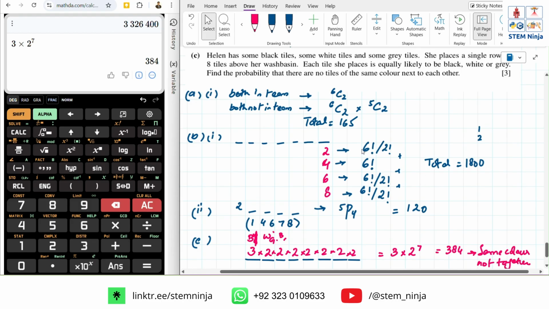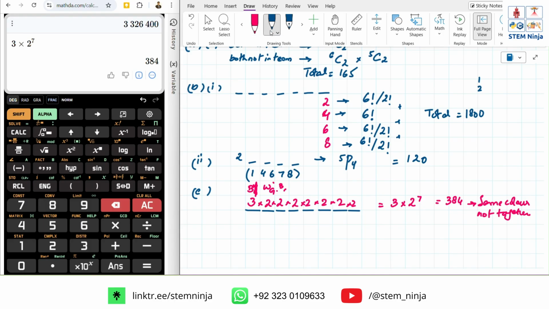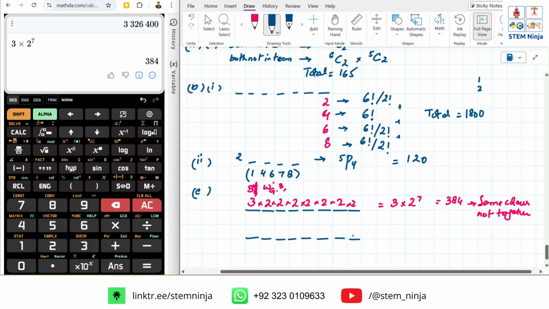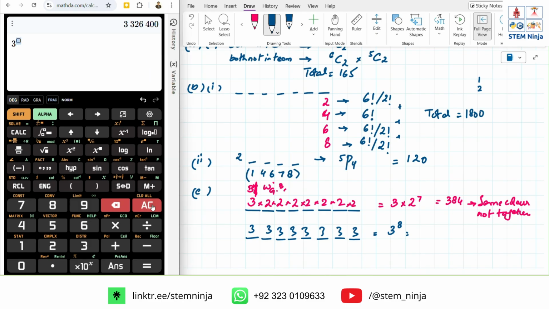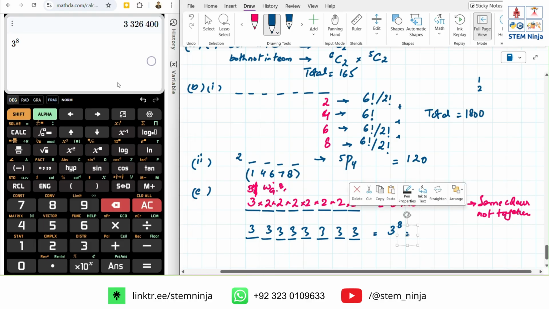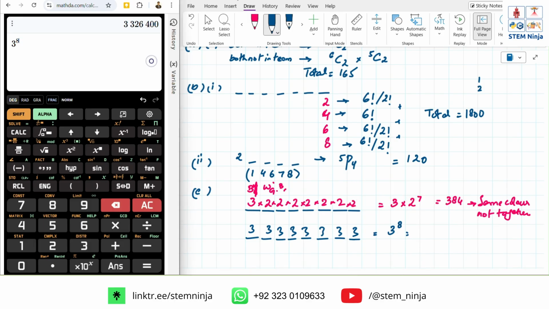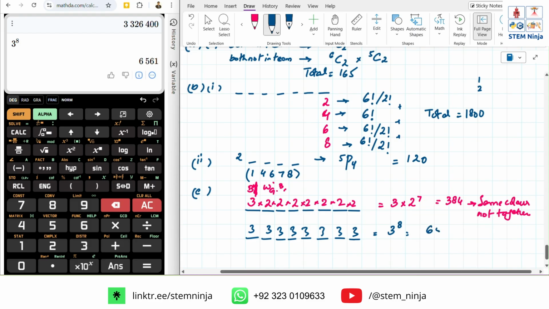Okay. And since this is a probability, we need all of the possibilities, with no restriction. So this would be 3 times 3 and so on, 8 times, so 3 raised to power 8, which is 6561.